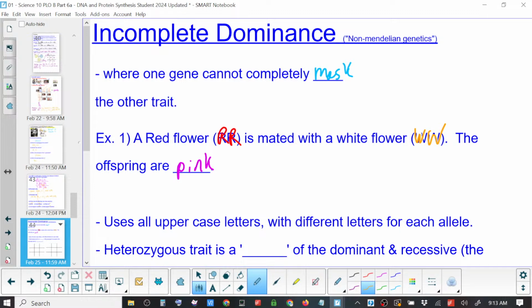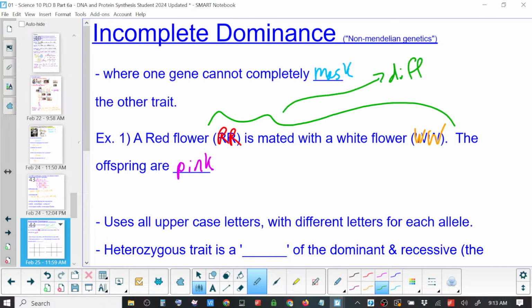So neither one's considered completely dominant, neither completely recessive, and you get an offspring that's in between the two. So we use different letters, both of them uppercase.